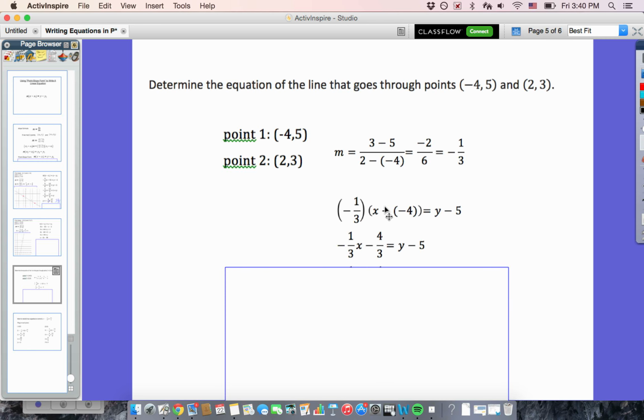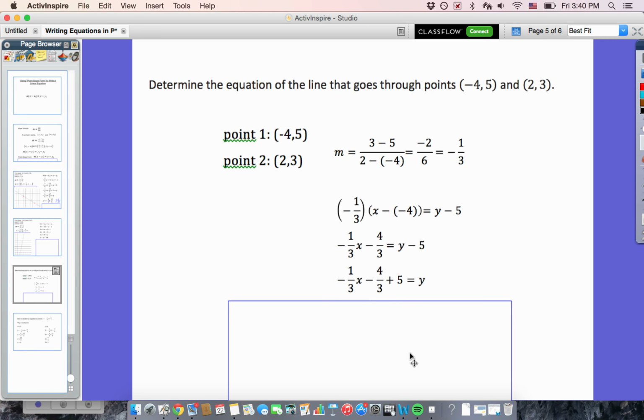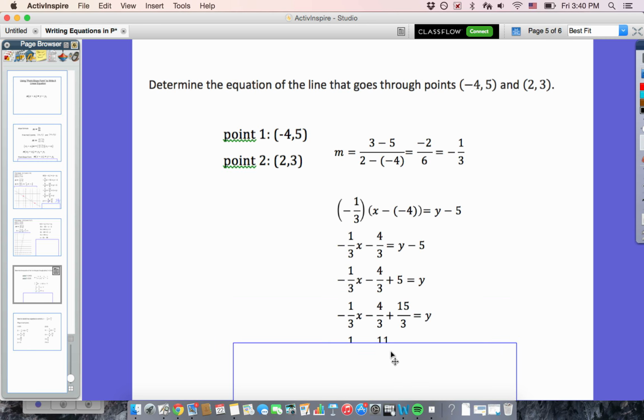We have 3 negatives, so a negative times a negative times a negative is a negative. Then we isolate y by adding 5 to both sides, and we combine our like terms. This is what we get for our equation. So our slope here is negative 1/3, and our y-intercept is 11 over 3.